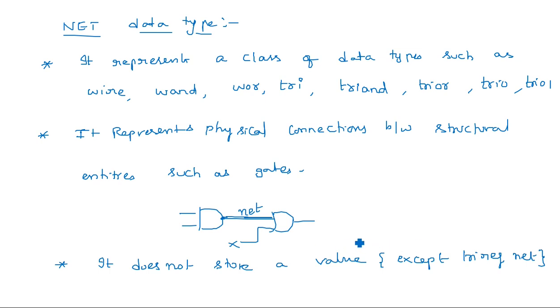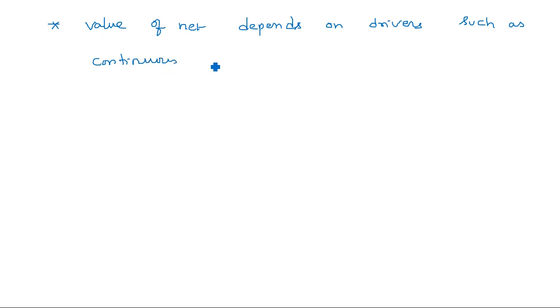They don't store any value. The value of a net depends on drivers such as continuous assignment or a gate.